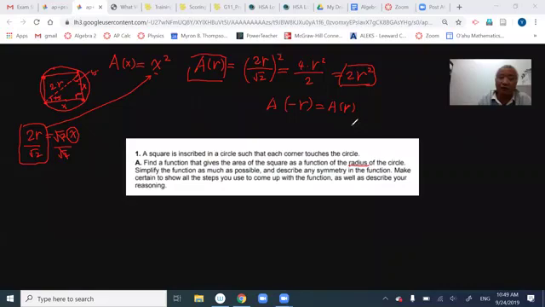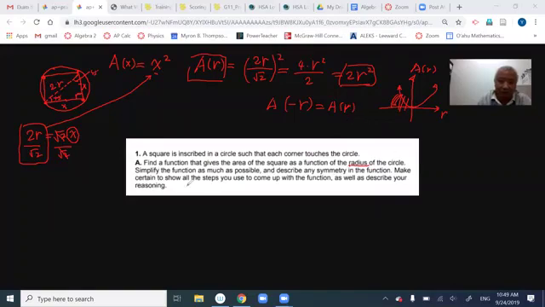If you draw the graph, with r on one axis and the area A of r on the other, it would go like this. But this part does not make sense, because a negative r does not make sense, so we have to cancel that one. I don't know why they ask, but they said any symmetry, so there is a symmetry: y-axis symmetry. But it does not make sense because r cannot be negative, okay?